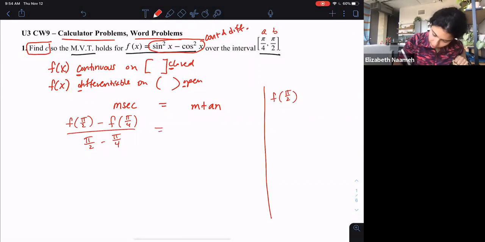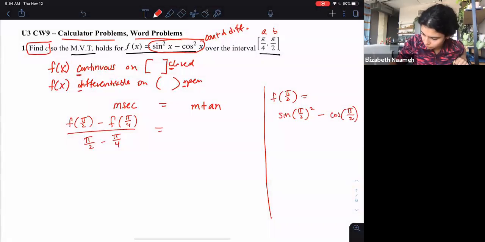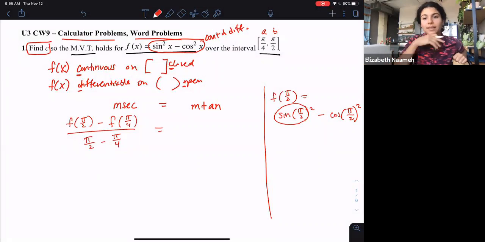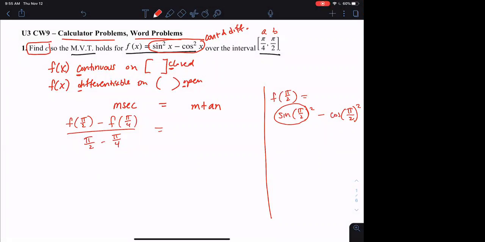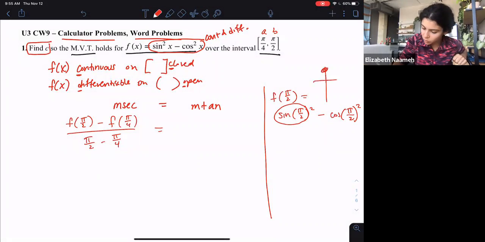Let's do a sidebar. Let's figure out what F of pi over 2 is first. We want to figure out our left-hand side. So F of pi over 2, I'm just plugging it in, is sine of pi over 2 squared minus cosine of pi over 2 squared. Okay, what's sine of pi over 2? Is this the x value or the y value? The y value, and at pi over 2, it's 1. 1 squared, 1.